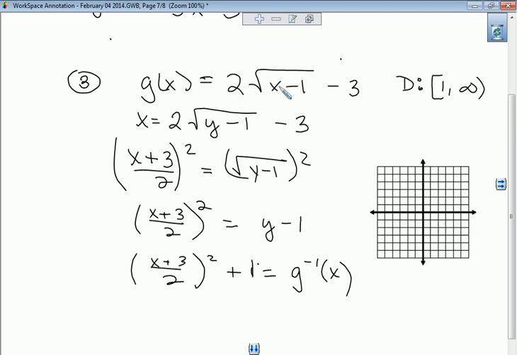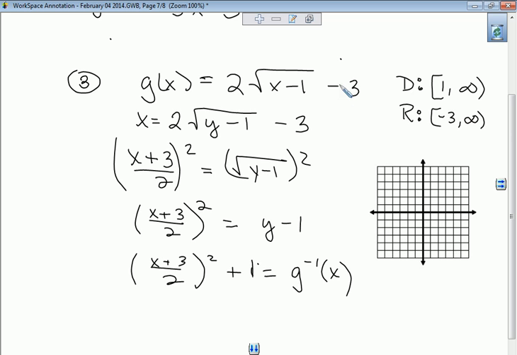So if 1 is the smallest this could be, what's my range going to look like, guys? Negative 3 to infinity. Because if this was 1, then this would be 0, and the y value would be negative 3.